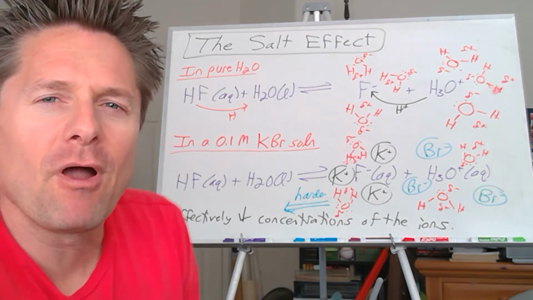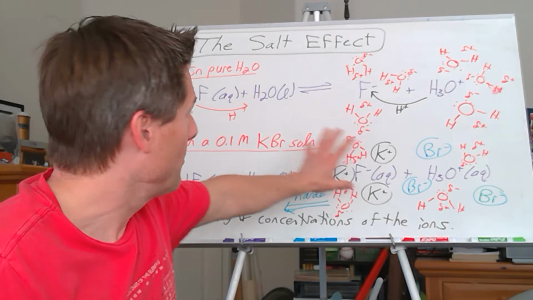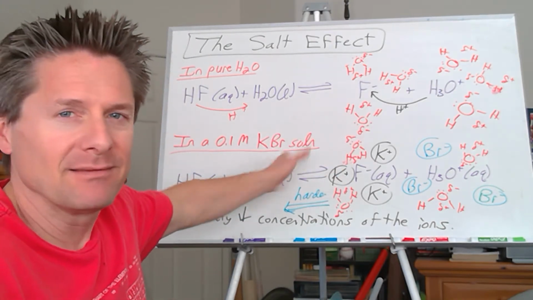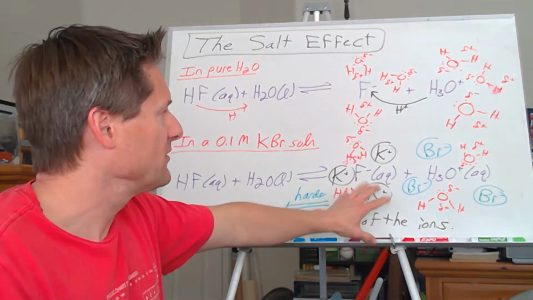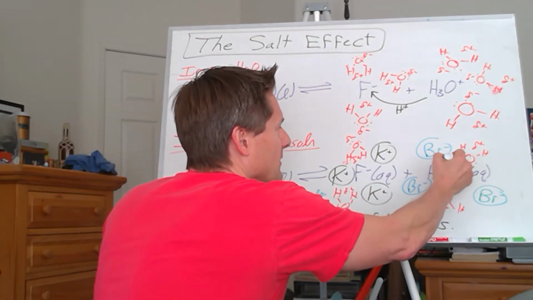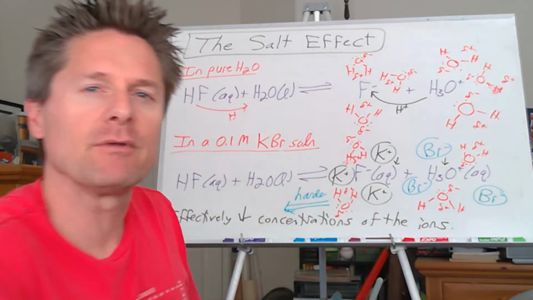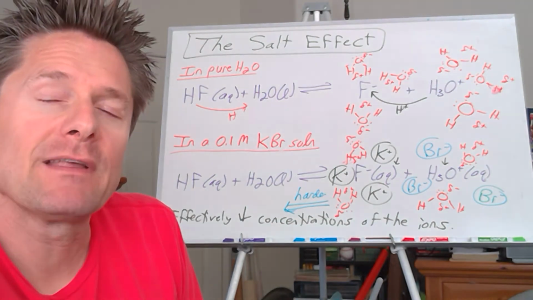Now, ponder that from a Le Chatelier's principle perspective. If the presence of the potassium bromide, this totally non-reactive salt, effectively reduces these concentrations, well, what happens when you disturb an equilibrium by reducing the concentration of something?